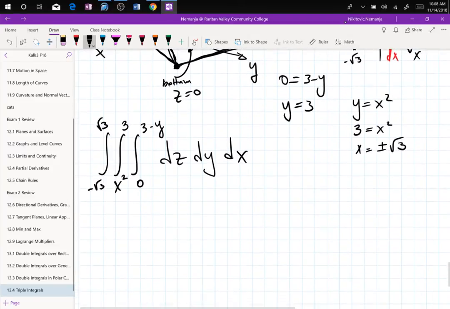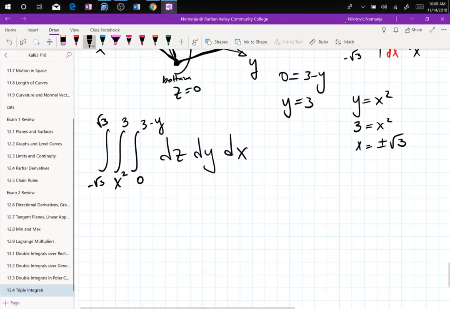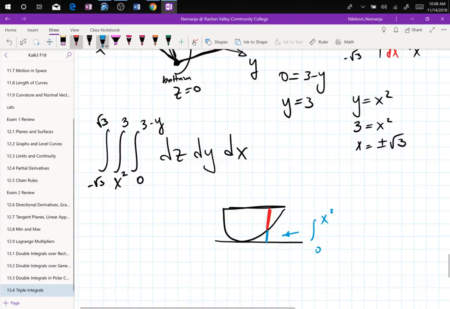Let me draw something here, guys. This hopefully will help. The blue limit is 0 to x squared.